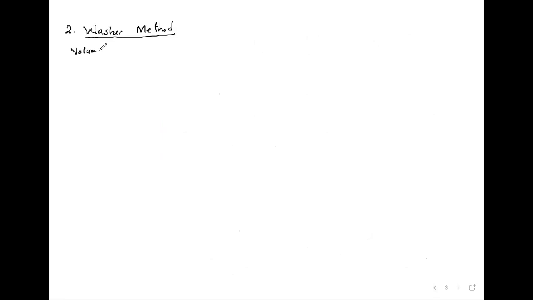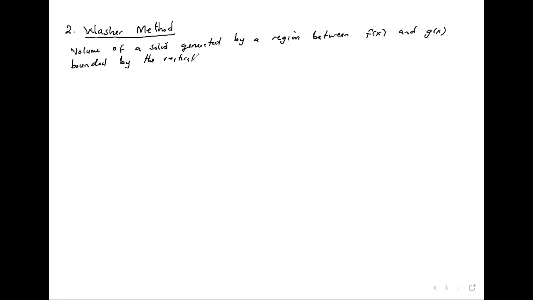To find the volume of a solid generated by a region between f of x and g of x bounded by the vertical lines x is equal to a and x is equal to b, which is revolved about the x-axis. Yeah, like that.